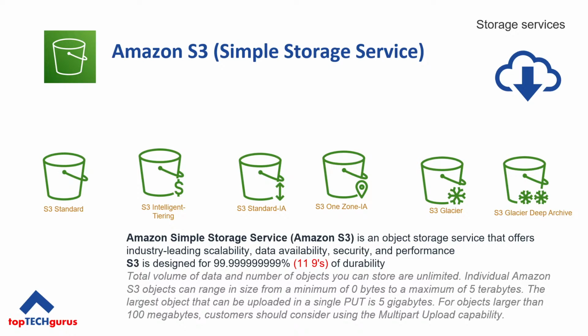Rather, these text files or images or whatever we store get stored as different objects, and these are retrievable uniquely from the internet. So there's one unique bucket name that you choose, that cannot be duplicated within the region.